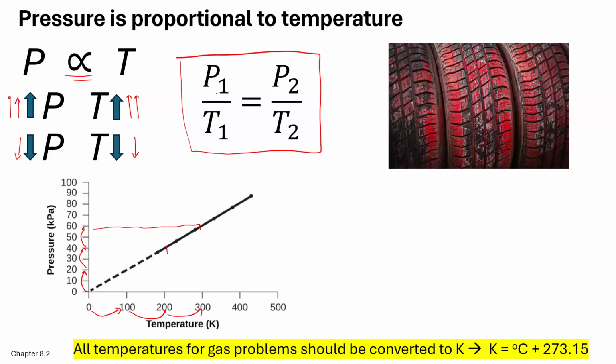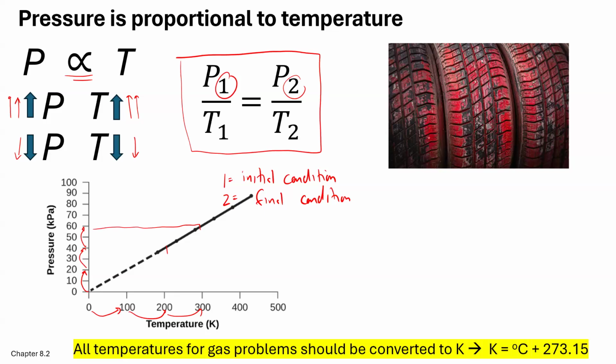Now, if you recall back to the dilution equation, this one means initial condition. So whatever the condition was at first, 2 means the final condition. And that makes more sense once we start using this.